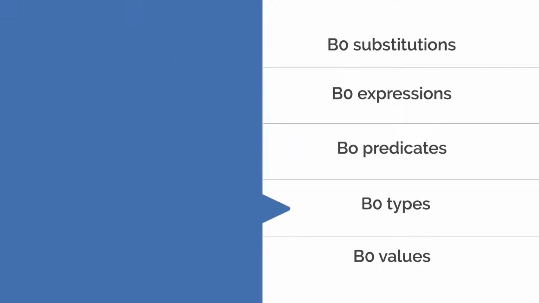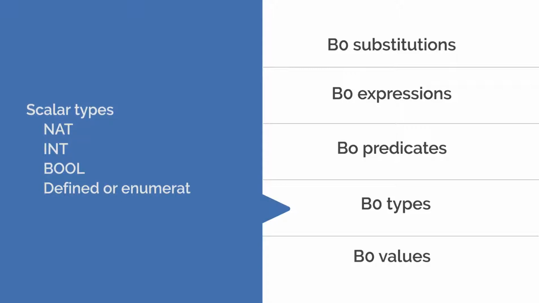B0 types: we have scalar types like natural numbers and integers, but of both we can only use the finite version. So we have nat, int, we have the booleans, bool, and we have the defined or enumerated sets.